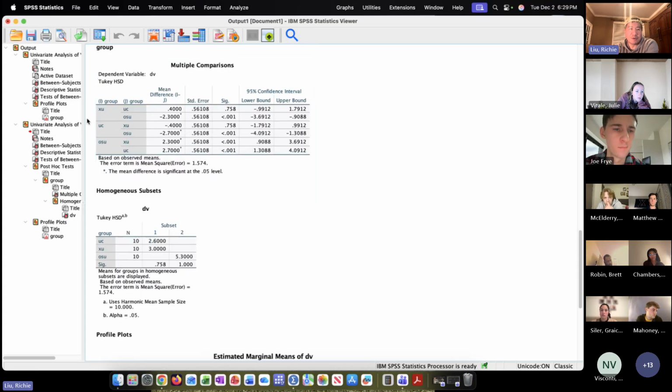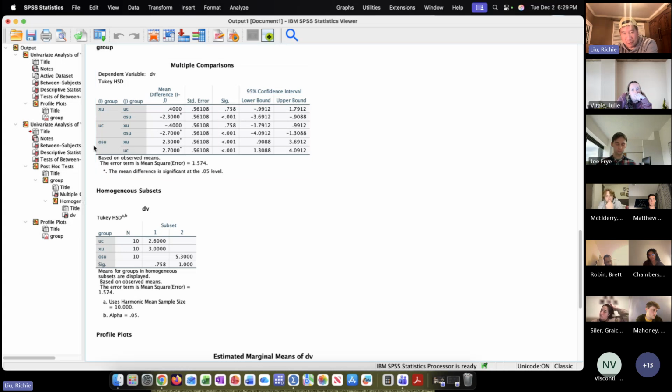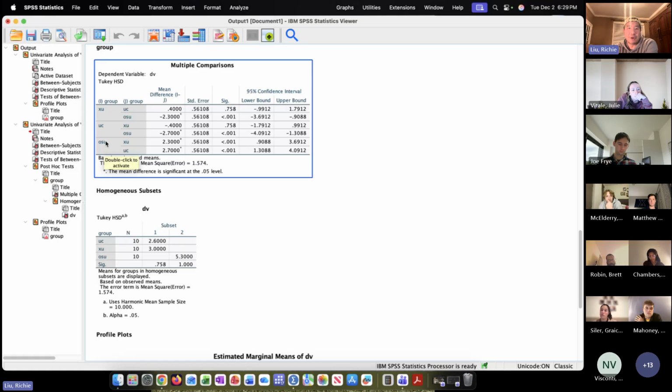And remember that the first column here is the reference group. Again, we noticed that OSU happened to be bigger than XU and UC, so we can just go ahead and look at that one first.